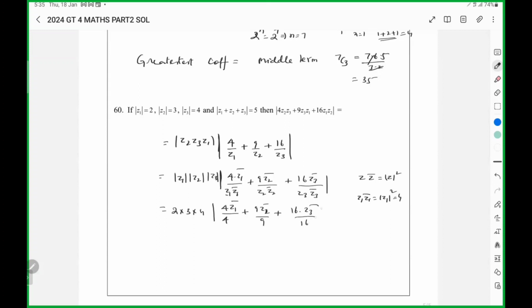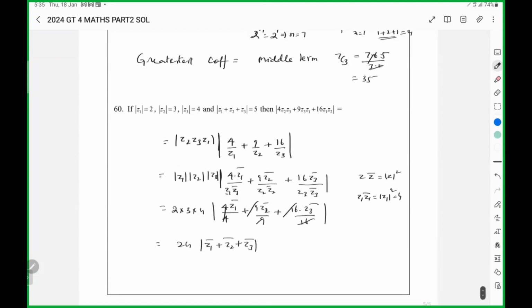Mod Z3 square, 16. Z1 bar plus Z2 bar plus Z3 bar, which is Z1 plus Z2 plus Z3. So mod Z bar is same as mod Z.